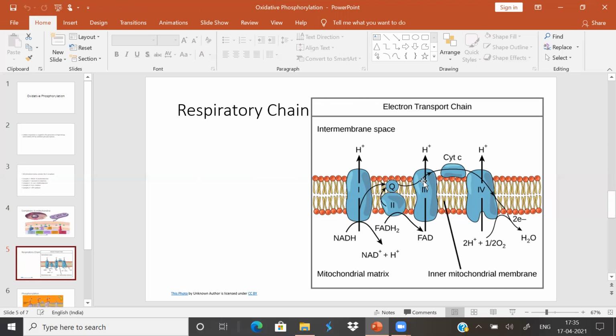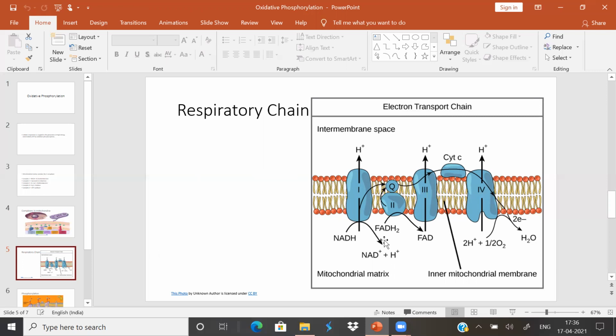In complex 3 it is transported via cytochrome B and C1, and then cytochrome C, and ultimately complex 4, and then from complex 4 it is taken by oxygen and converted to water. This is one way the reducing equivalent donates the electron to the respiratory chain.